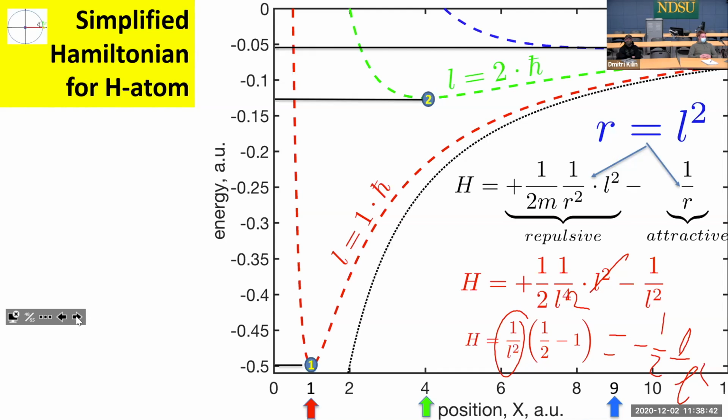So we just have 1 over L squared going out of the brackets, and in the brackets we have 1/2 minus 1. So after doing complicated algebra, subtracting these numbers, we get minus 1/2 times 1 over L squared. So these are the allowed energies. The energies are expressed in atomic units.